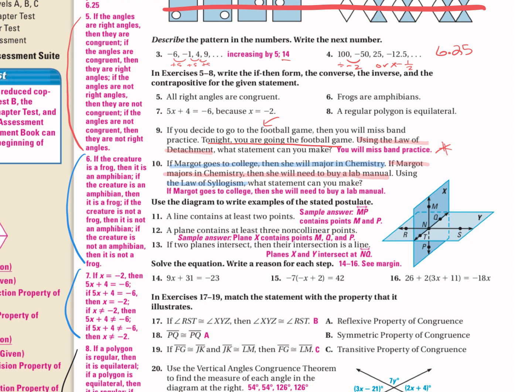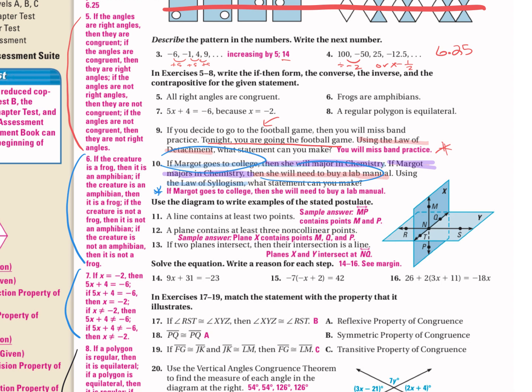So what's happening here is the conclusion of the first one matches the hypothesis of the second one. So your final answer is just taking the original hypothesis and putting it with the conclusion of the second. So this is your final statement. If Margot goes to college, then she will need to buy a lab manual.